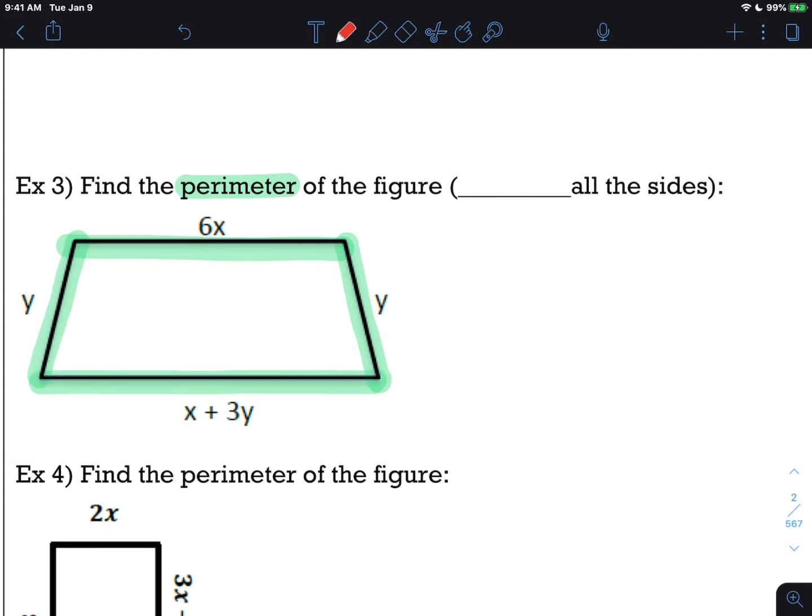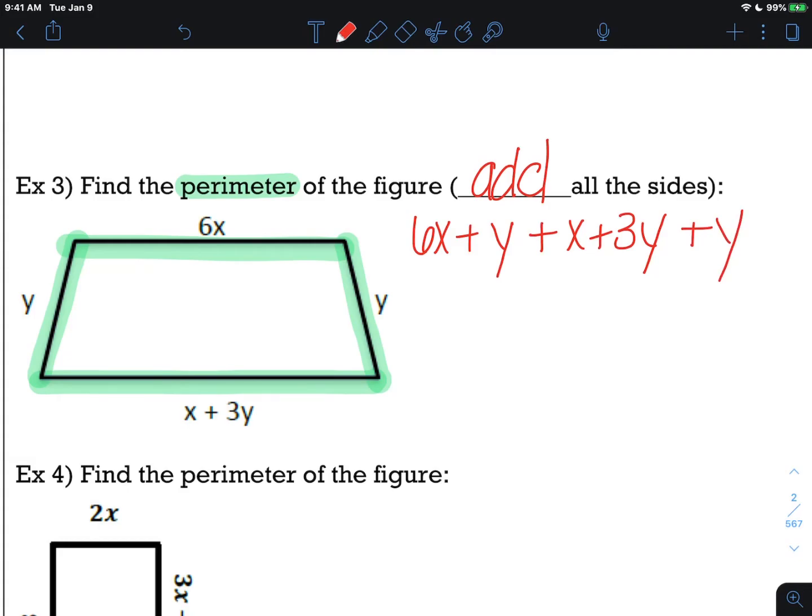So if I was just to write that out and I didn't know how to combine like terms, I'd say 6x plus y plus x plus 3y plus y, right? That's a lot going on. Earlier we said we could color code them, or move stuff around, but I like to make this as simple as possible. I don't like to write a whole bunch of stuff, because then I get confused when I go back and check my work.